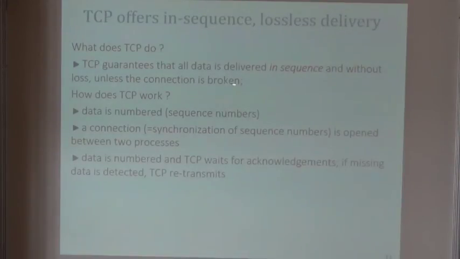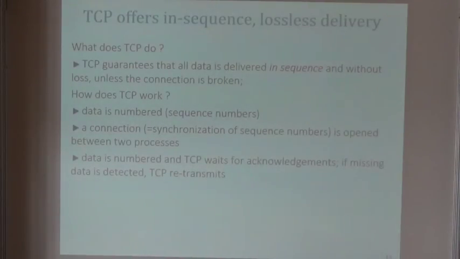While doing that, TCP adds something. Not only does it offer what we call a reliable service, which means it does everything that can be done to repair data losses, but it also guarantees in-sequence delivery, which is, I would say, very specific to TCP. In sequence means that if the source has created data 1, 2, 3, 4, 5, and number 3 is lost, then at the destination perhaps the operating system has received 1, 2, 4, 5, but 3 is missing.